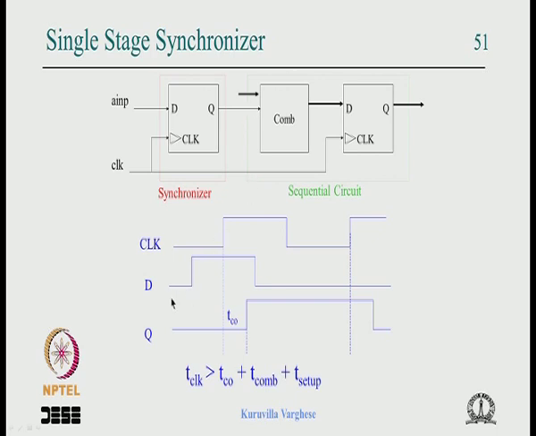Now the D is captured by this flip flop and appears with a delay. Anytime D changes, it is captured at the Q with a delay of the propagation delay TCO, and that propagates through the combinational circuit and reaches here.